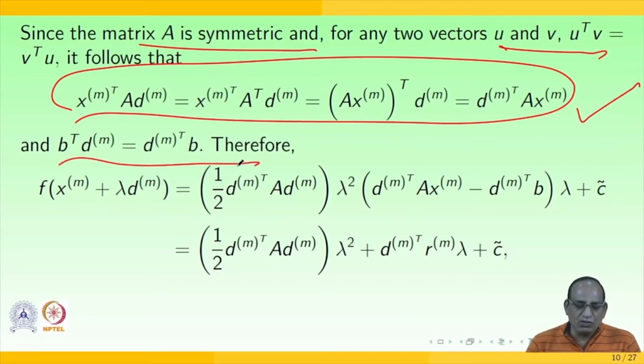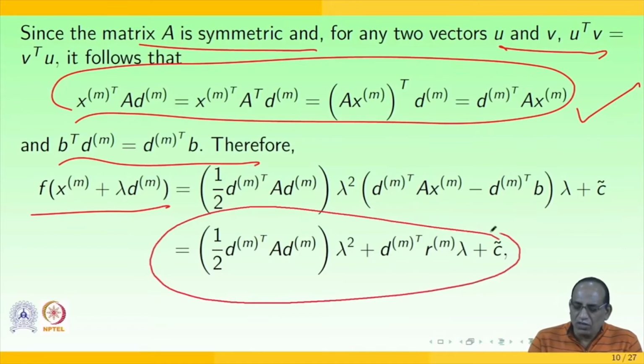And b transpose d of m is d of m transpose b. Therefore, we have f of x of m plus lambda times d of m is 1 by 2 times d of m transpose A d of m lambda squared plus lambda d of m transpose A x of m minus d of m transpose times b, plus c.